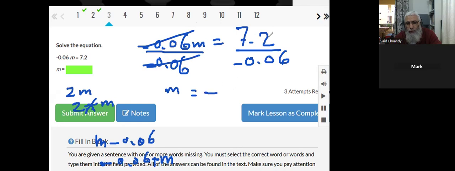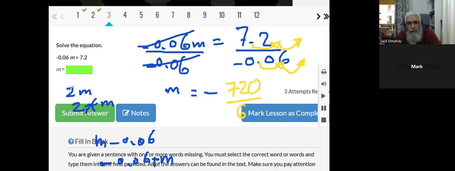Now 7.2 has one decimal place, which can cancel out one decimal place here. So we move the decimal place here and here, and add a 0. So this should be 720 divided by 6.